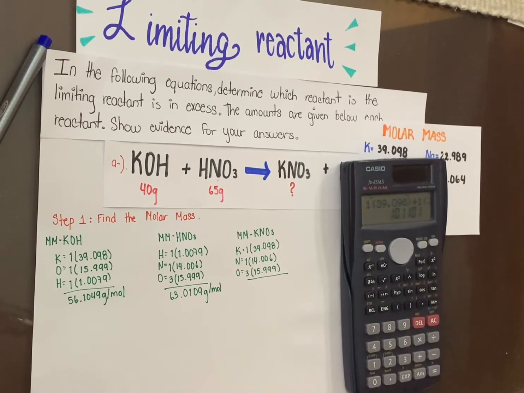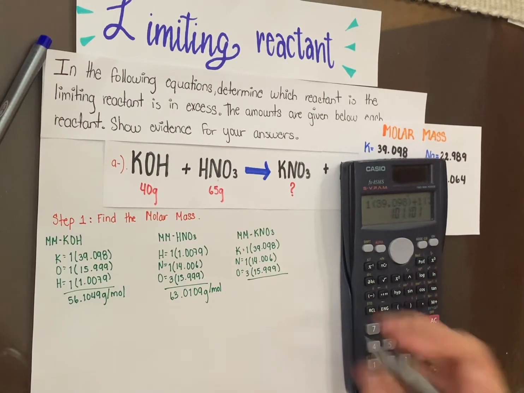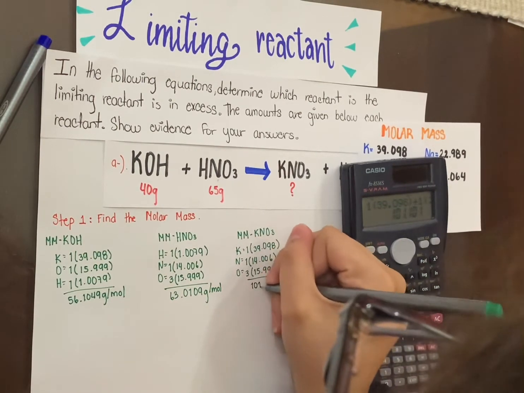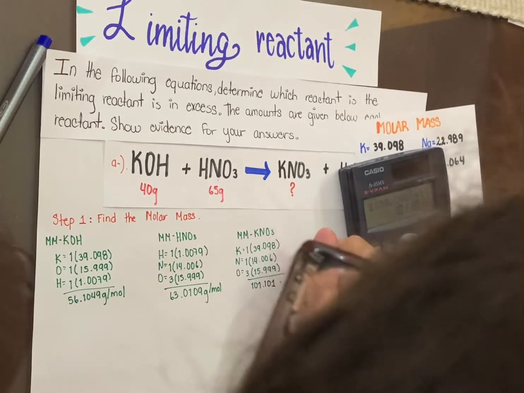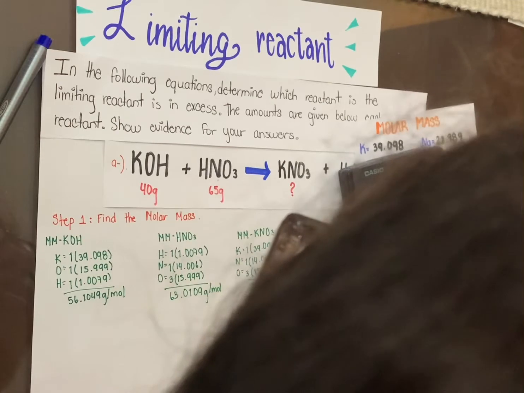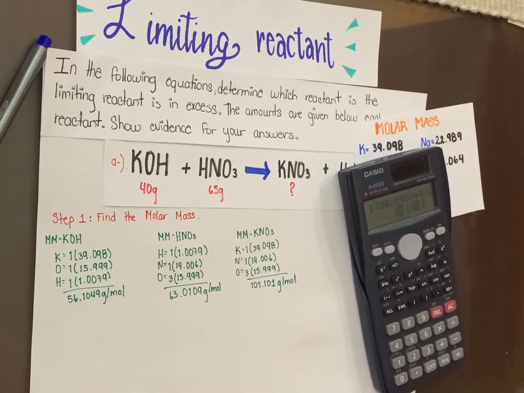And gives me 101.101. So I already have my values, the molar mass of each one.